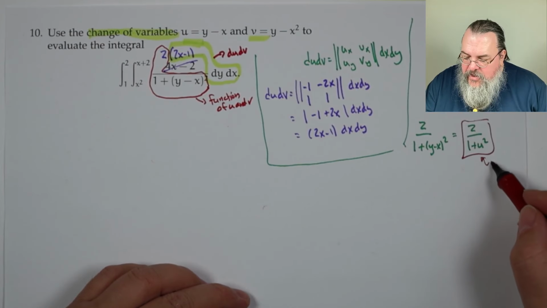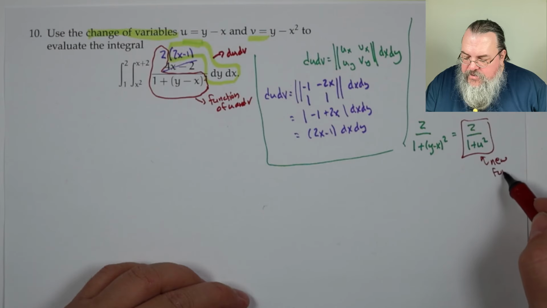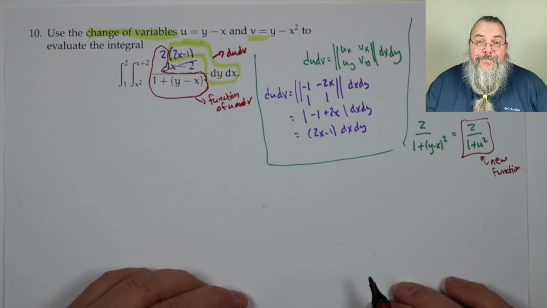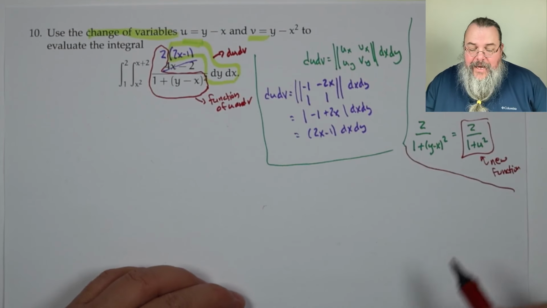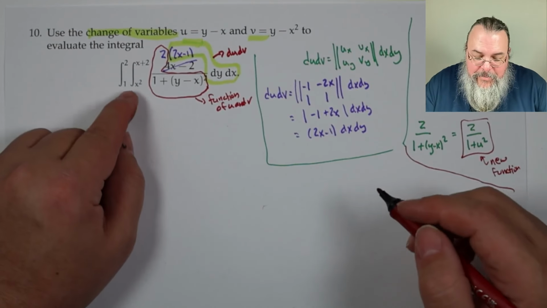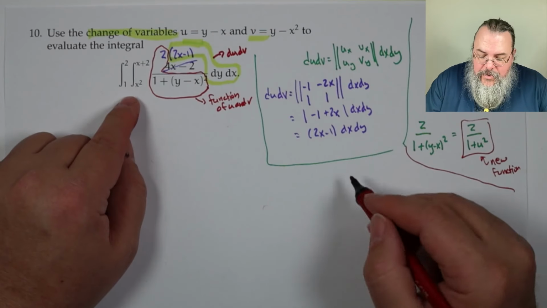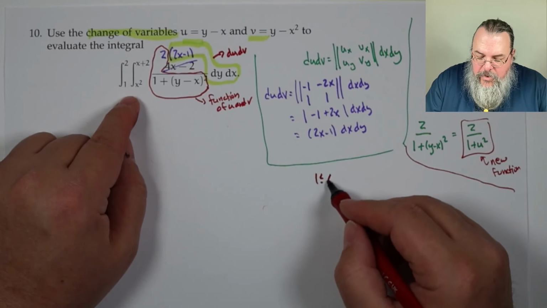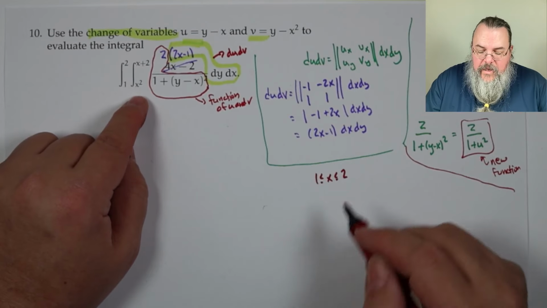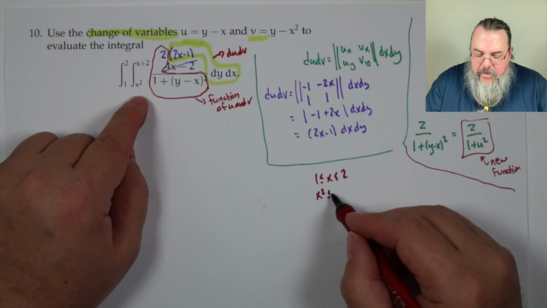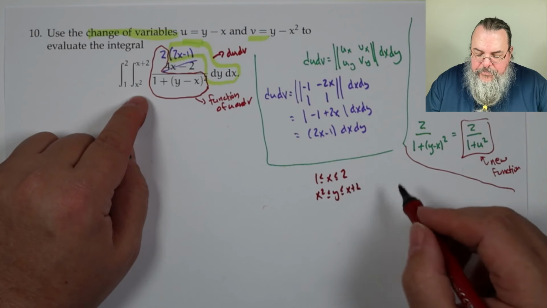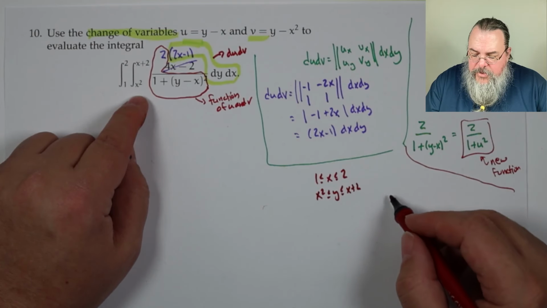All right. Now, the bounds. Don't forget the bounds. So how do you do the bounds? Well, start with the current bounds. We know that x goes 1 to 2, and y goes x squared to x plus 2. So you do a quick sketch.